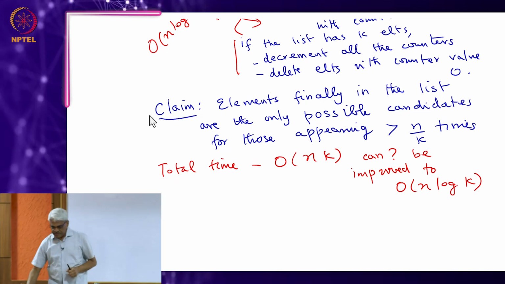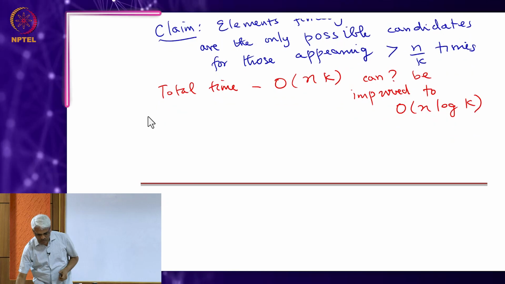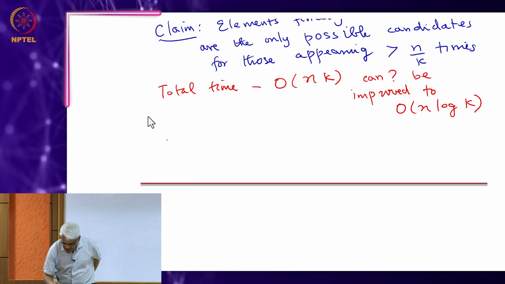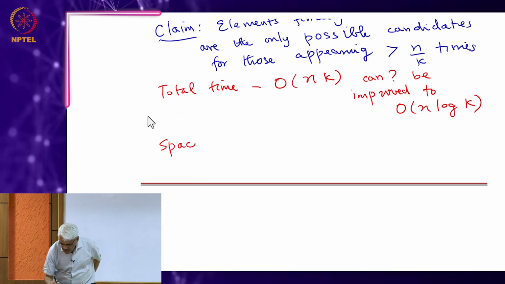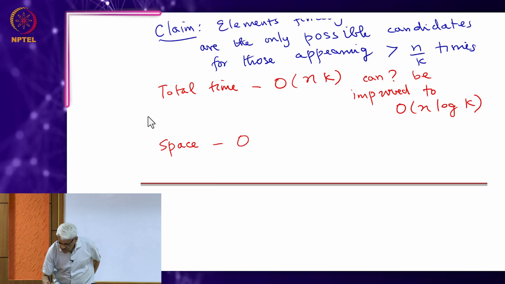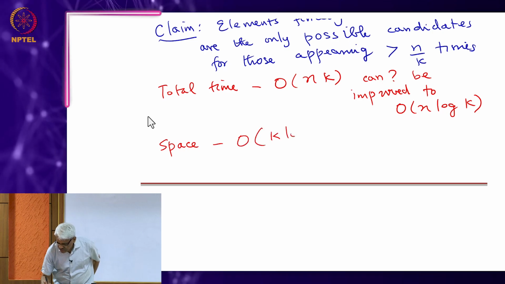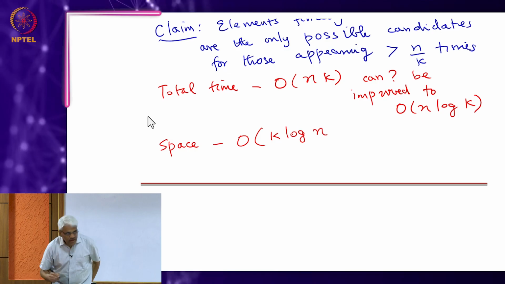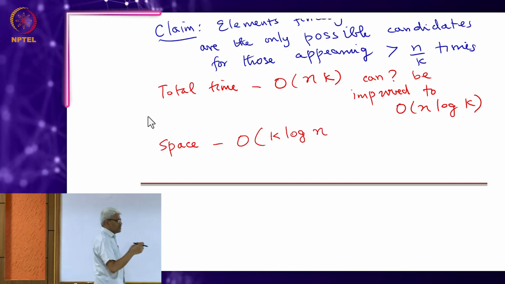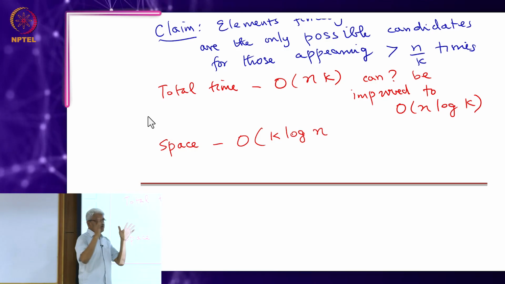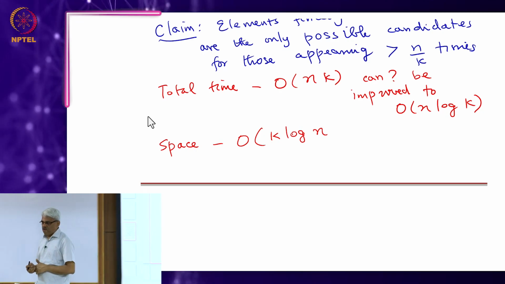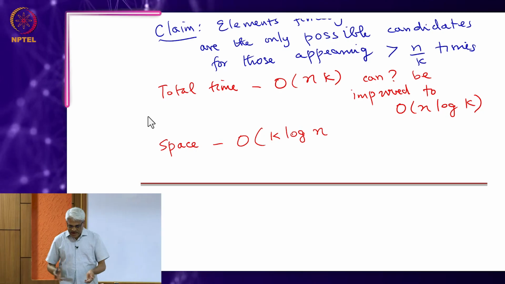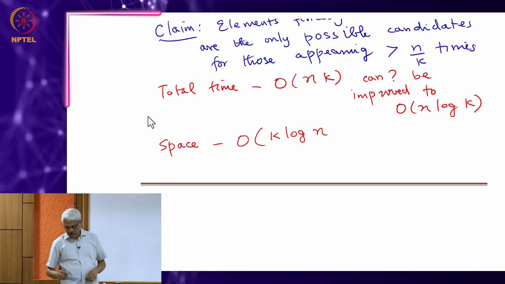But how much space? Space is going to be k counters you are storing, right? So that's k log n plus your k elements you are storing. But maybe those elements you don't have to store, you keep some pointers or something.